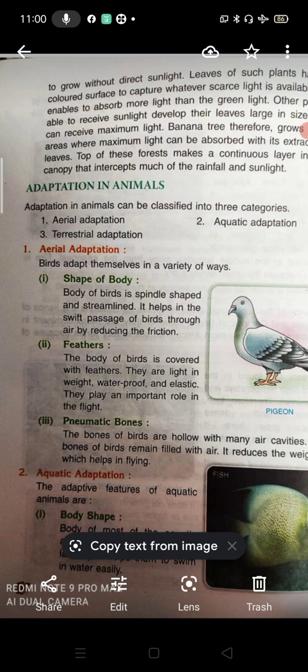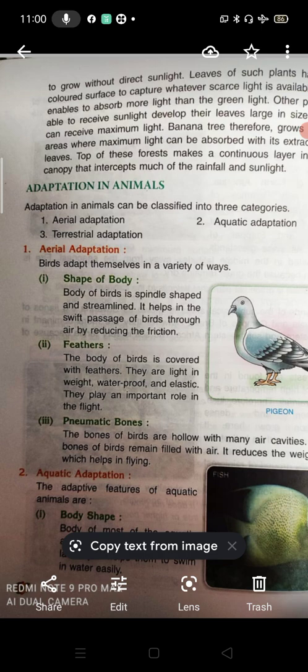You must have seen the bird and its body; the shape of the body of the bird is like a spindle, or you can say it is streamlined. The shape of fish is also streamlined, right. So this shape helps the bird to move swiftly in the air.